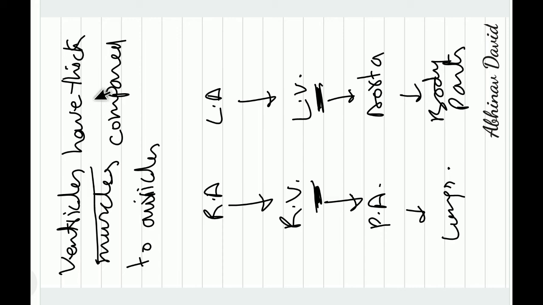That is why ventricles have thick muscles compared to auricles, because the ventricles supply the blood out of the heart, but the auricles pump the blood only within the heart, from auricle to ventricle. I hope this is clear now.